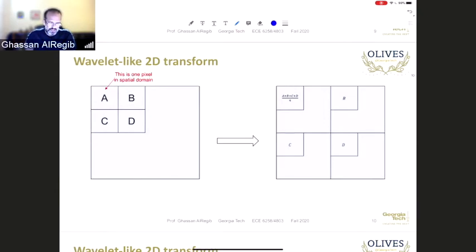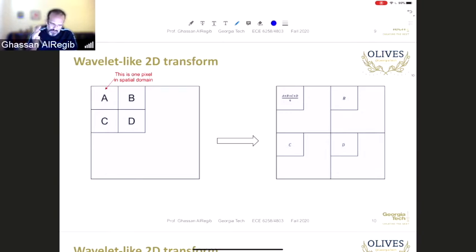So let's look at the 2D case and look at this as another toy example. Imagine that I have an image on the left-hand side, and I have these pixels A, B, C, and D, and I want to create a multi-resolution or wavelet-like transform of this image.